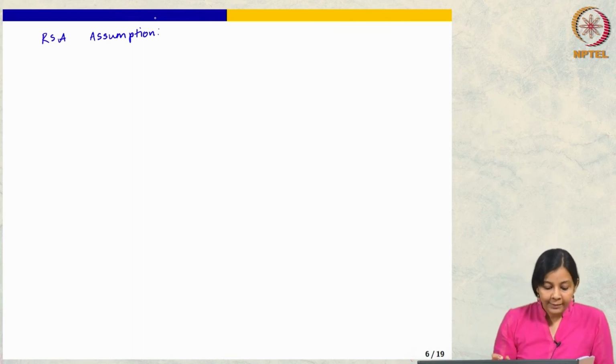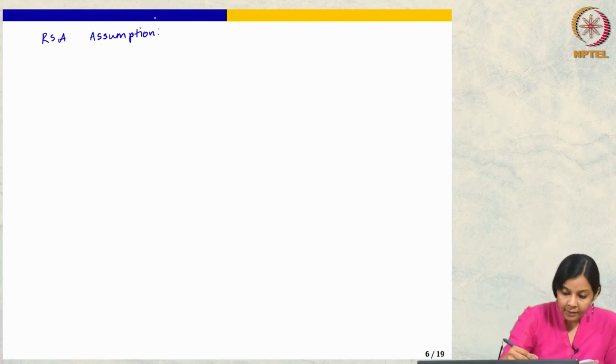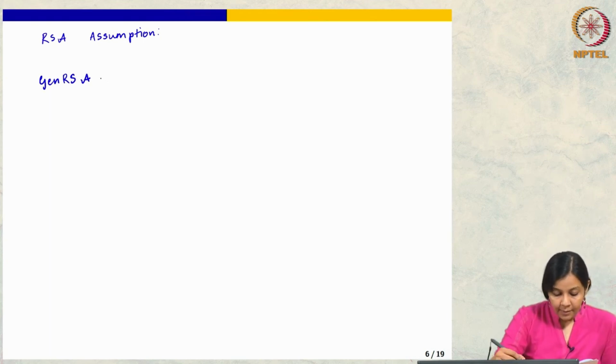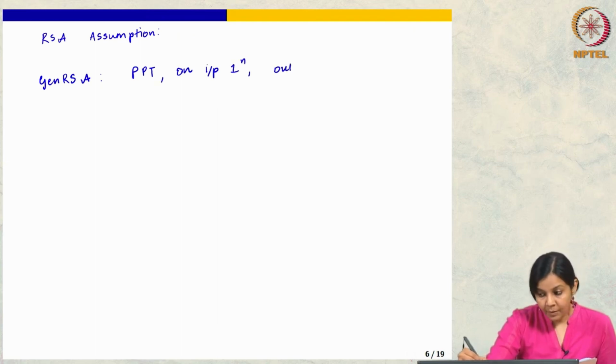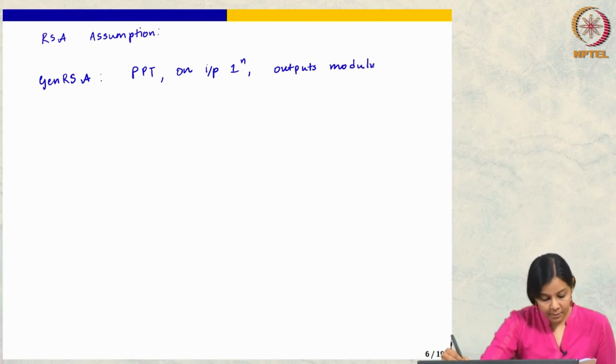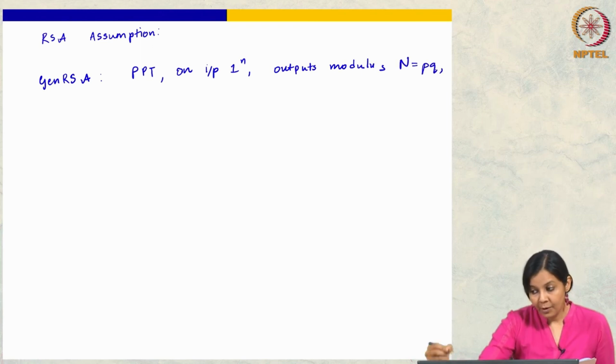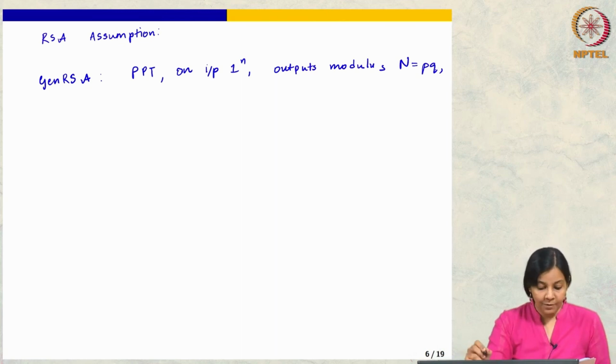Similar to the treatment of the factoring assumption, let's here consider a Gen RSA algorithm. This is, as usual, a PPT algorithm which on input 1 to the n outputs once again a modulus N, which is again the product of two large primes p and q.